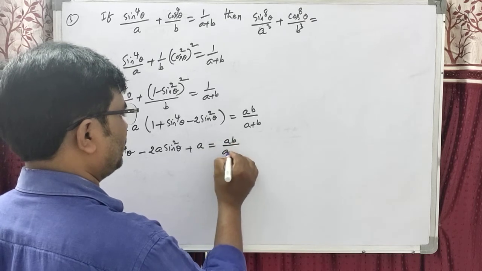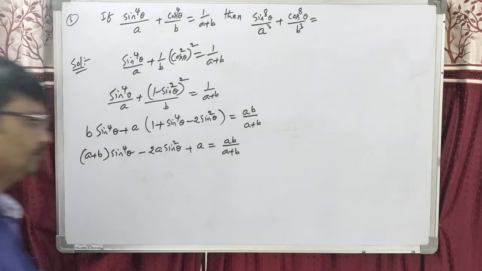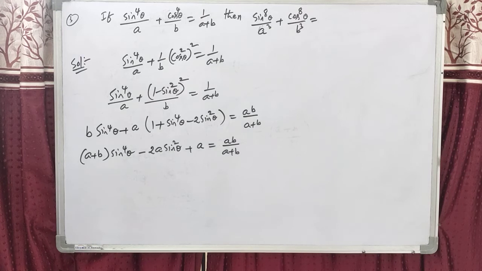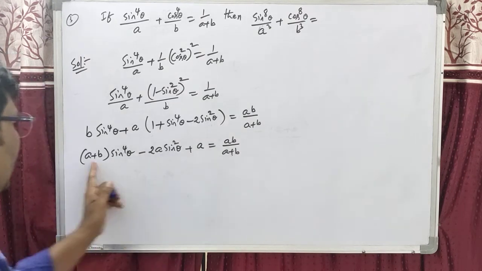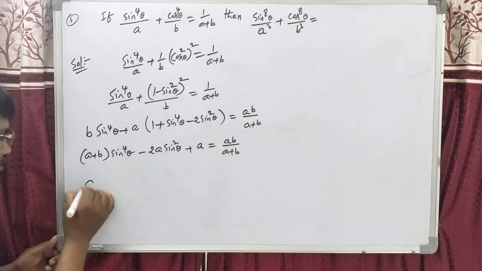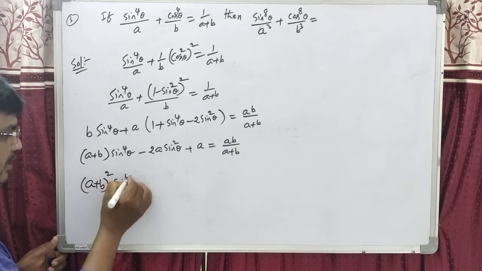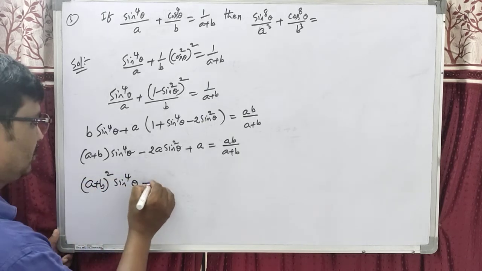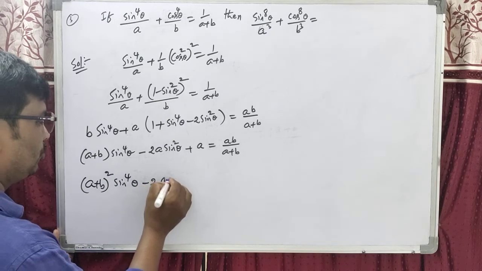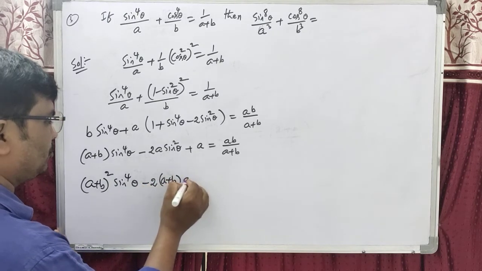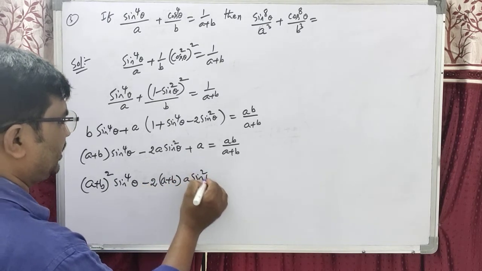Dear students, the denominator is sent to the other side, it becomes (a plus b) whole square sin power 4 theta minus 2 into (a plus b) into a sin square theta.